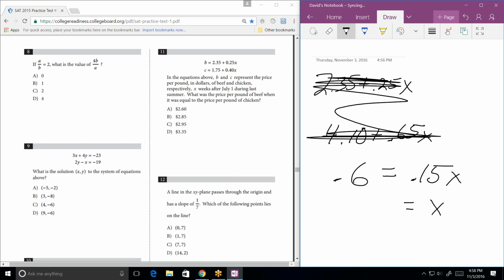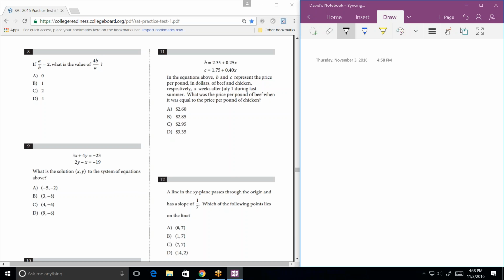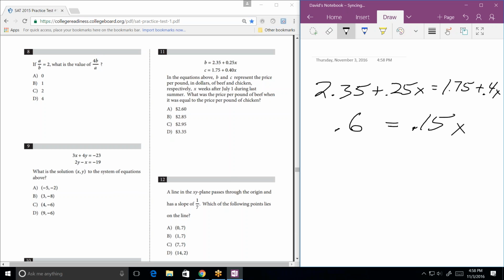I must have done something wrong here. That's why taking a shortcut sometimes will just lead to mistakes. I definitely get 0.6 on that side, and over here I get 0.15x. What am I doing wrong? B and C represent the price per pound.